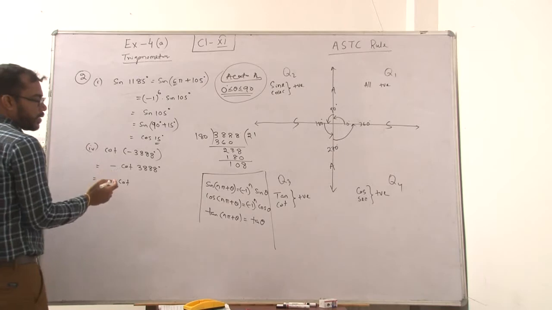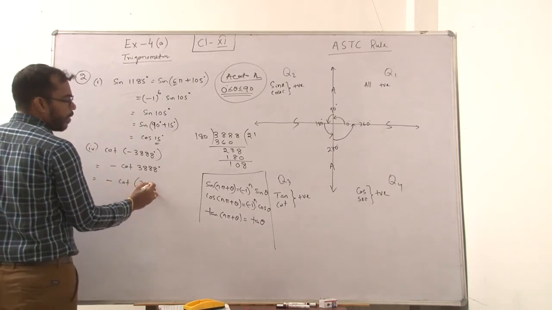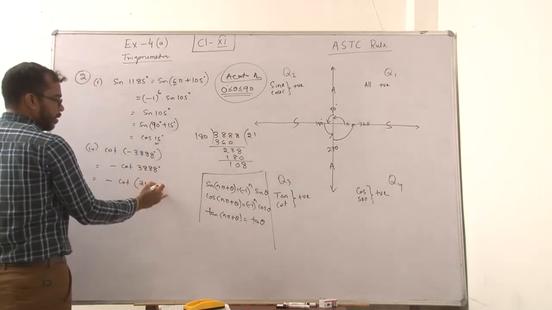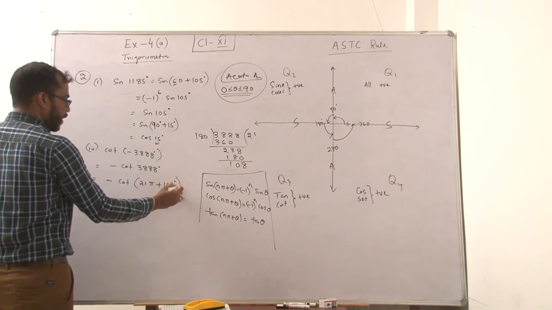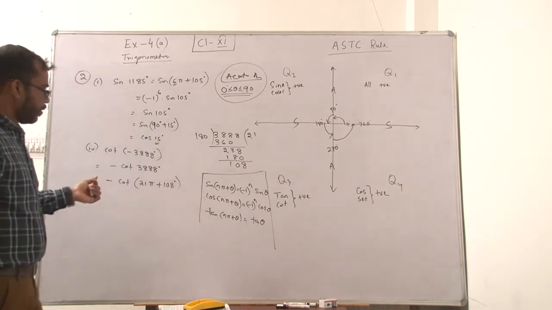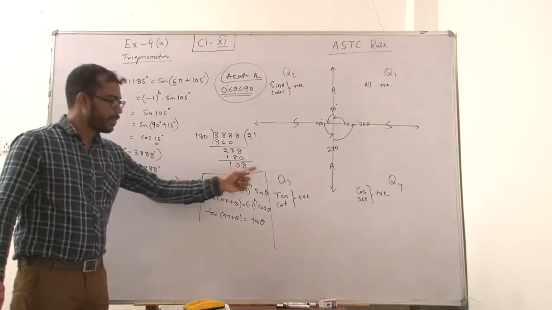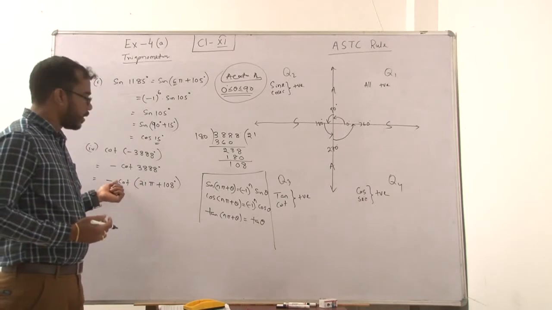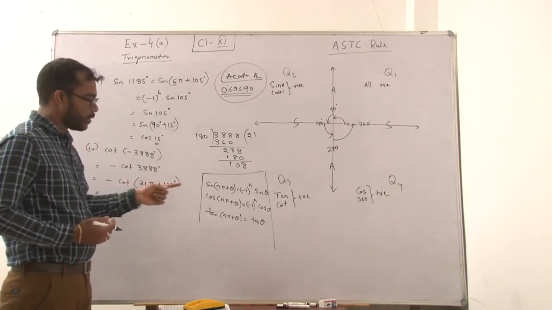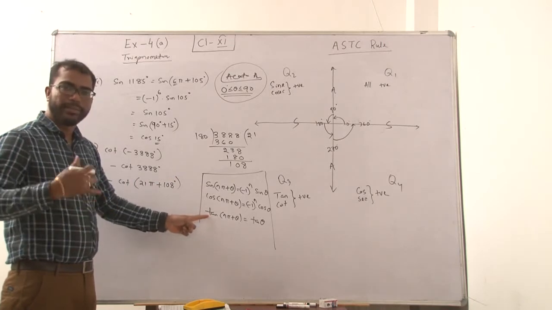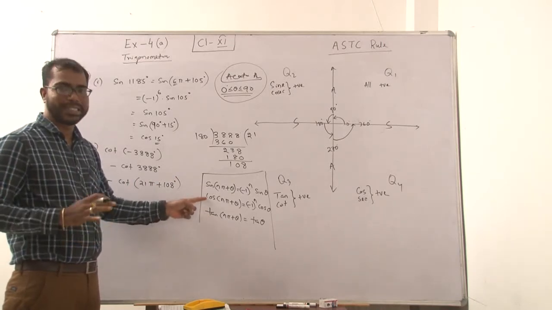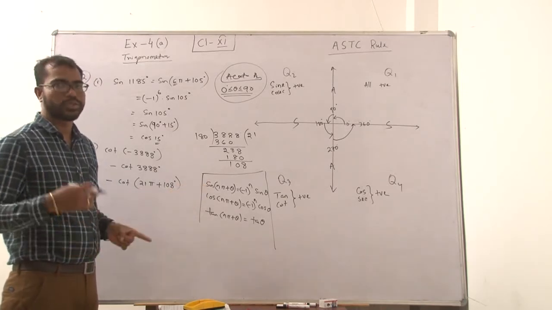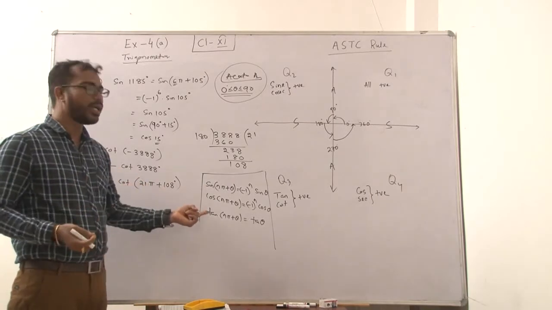So you can write 21 into π plus 108 degree. Here we have the formulas for sine, cos, tan, but here you can see it in the form of cot. So the formula of tan is the same as for cot, the formula of cos is the same as for sec, and the formula of sine is the same as for cosec. So here you can use the tan form.